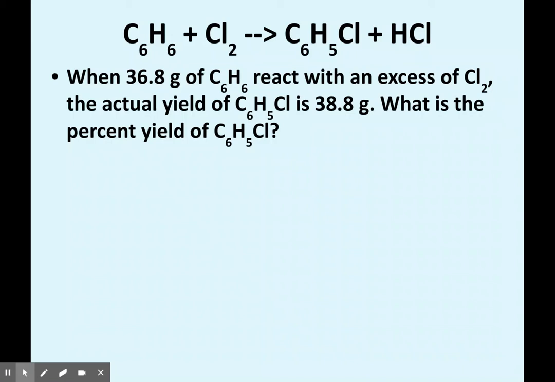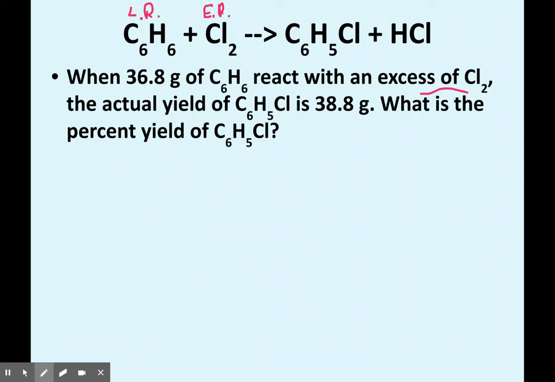If that says that we have an excess of Cl2, that means Cl2 is our excess reactant, and that the C6H6 is the limiting reactant. So they have already figured that out, and they're nice. If they don't tell you which one's limiting, which one's excess, then you have to actually carry that part out. We do not have to do that here.